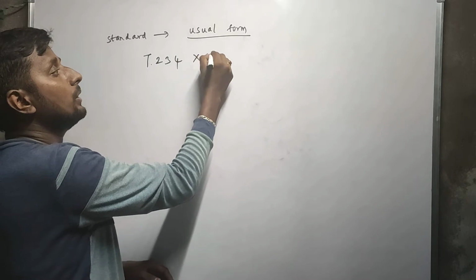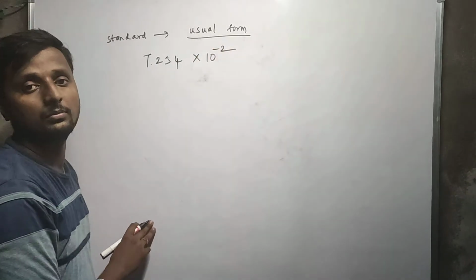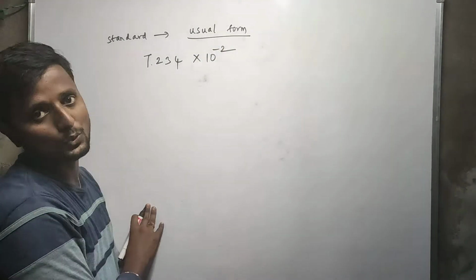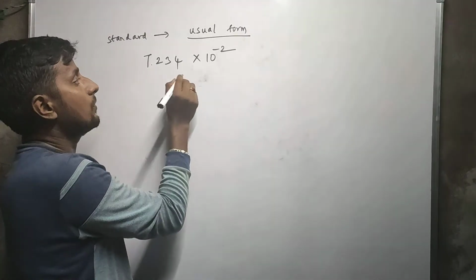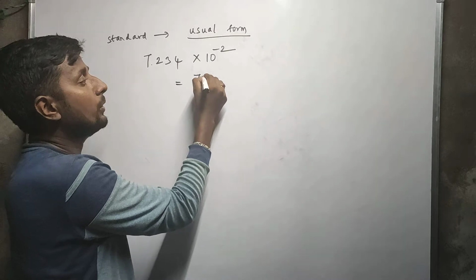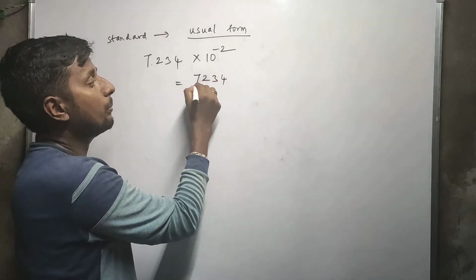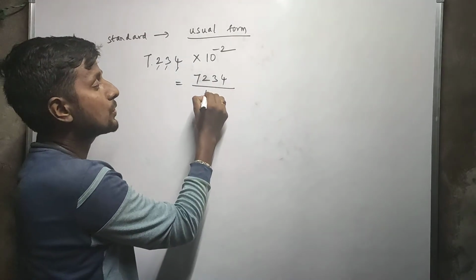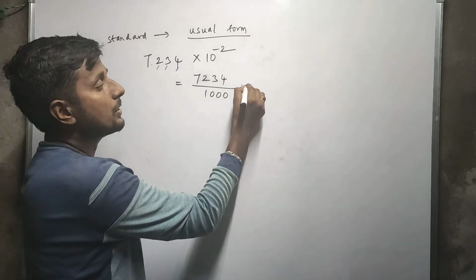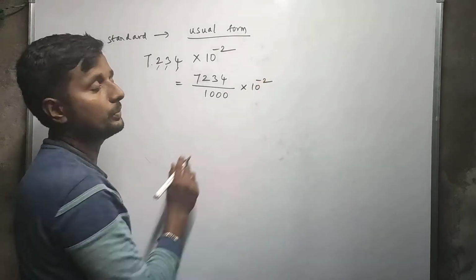7.234 into 10 to the power minus 2. Remove the decimal now. Write all together 7234 by, after the decimal 1, 2, 3, we have 3 digits, so we write 3 zeros, into 10 to the power minus 2.